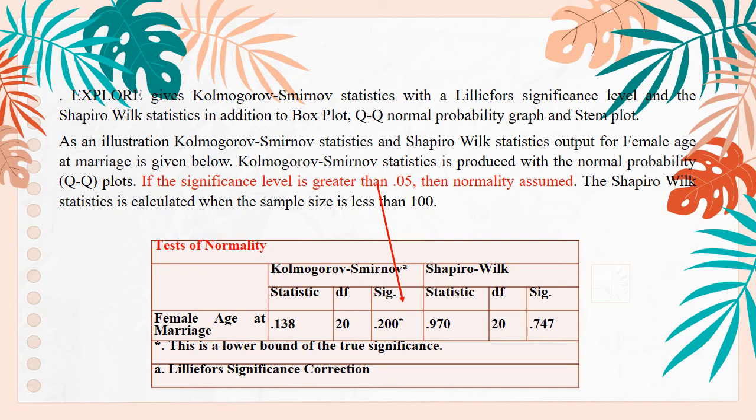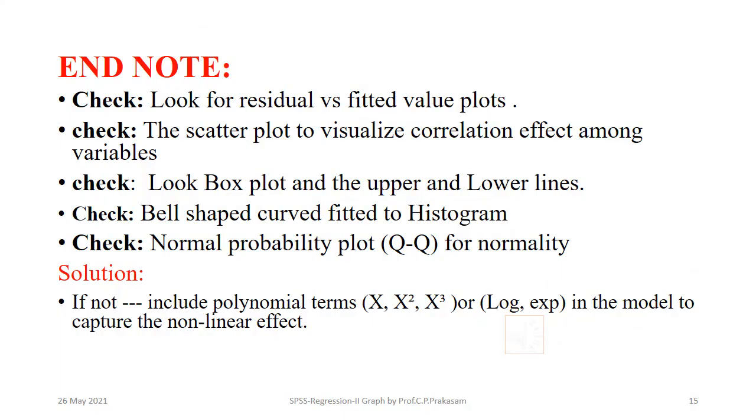One thumb rule is that if the significance level is greater than 0.05, then normality is assumed. Therefore, as given here, the female age at marriage is normally distributed from this test. That is the advantage.